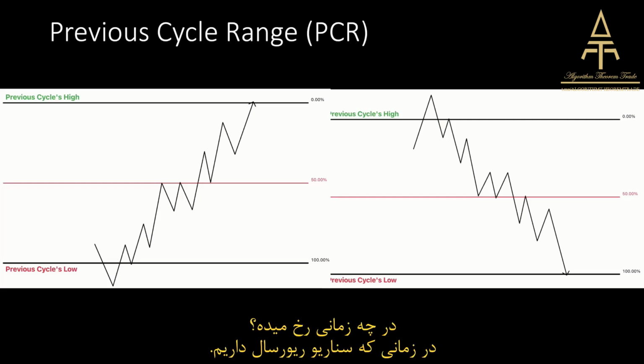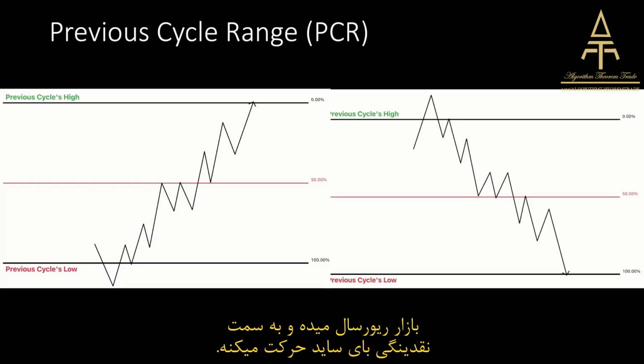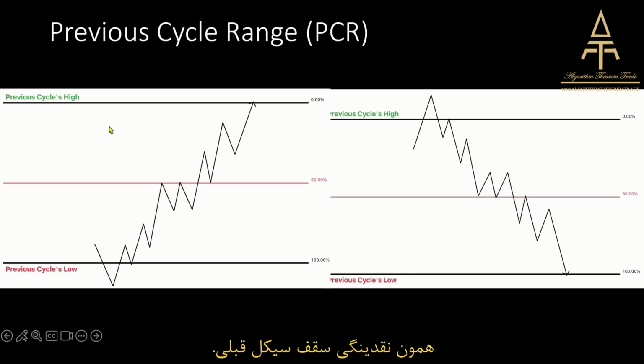When does this occur? This occurs when a reversal scenario is in play, where we see a run on the sell side liquidity below the previous cycle's low, and we begin to see the market reverse and draw towards buy side liquidity next. That buy side liquidity rests above the previous cycle's high.